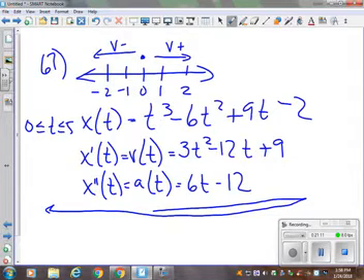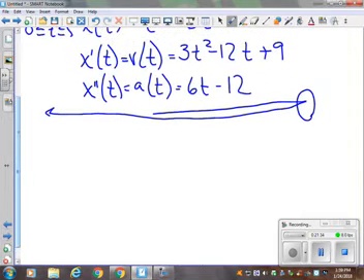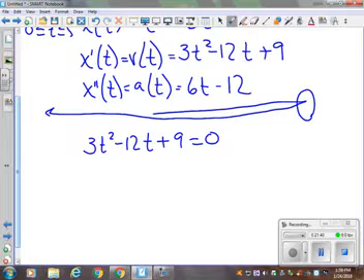Okay? And so because of that, your velocity will be positive or negative when that is happening. So the first thing we need to do is figure out when the velocity is 0, because when I stopped going right over here and turned around and went left, that meant that it was 0 for just a little time period here. Does that make sense? Okay. So first of all, we are going to set 3t squared minus 12t plus 9 equal to 0 to figure out when that happened.